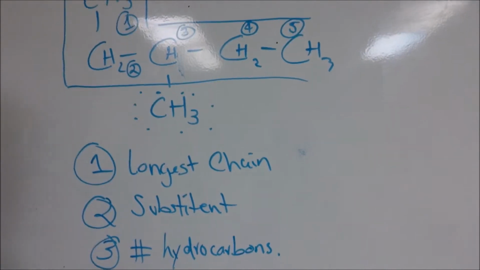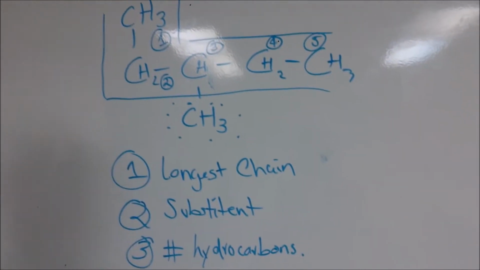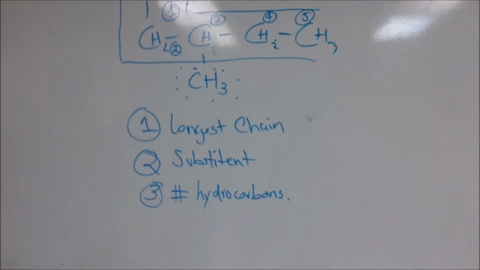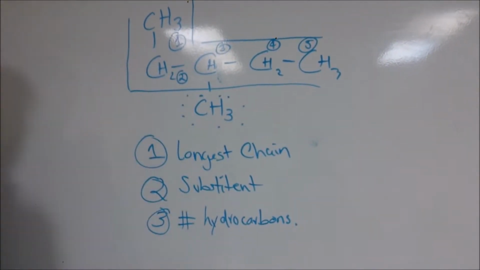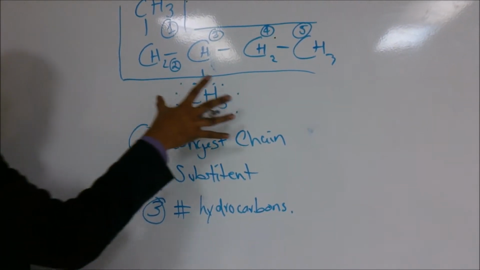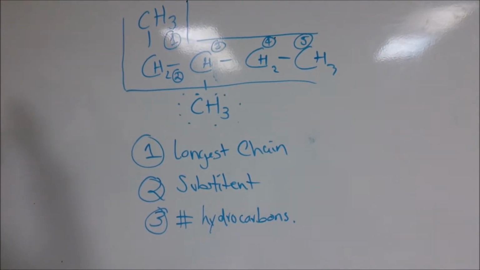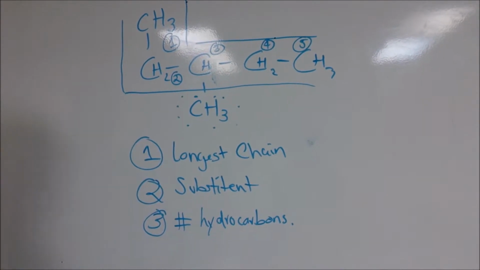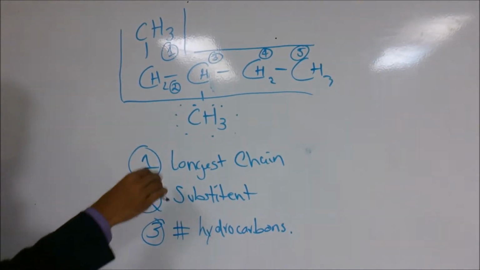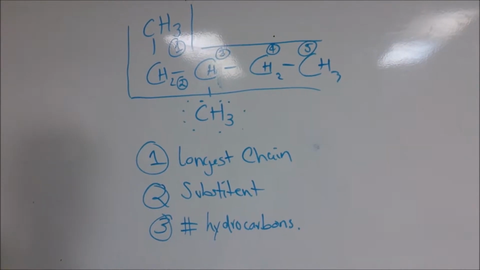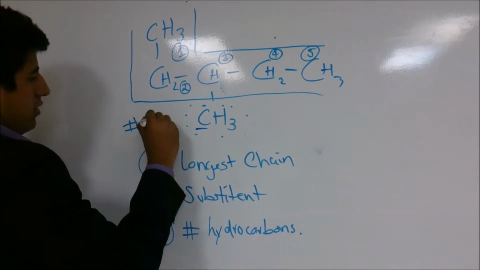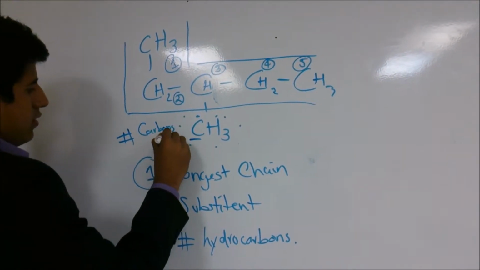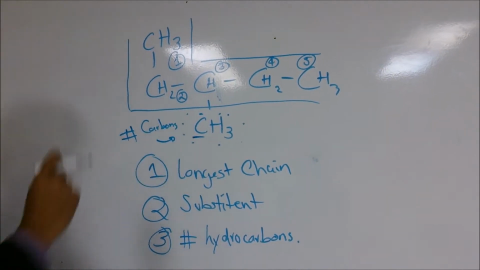Now that our hydrocarbon is already numbered, we need to determine in which carbon our alkyl group is. In this case, our alkyl group is placed at carbon number 3. So now we have to identify what type of branch or what type of alkyl group we are talking about. According to IUPAC, the name of the alkyl group is specified by the number of carbons in it. So in this case, we only have one carbon.